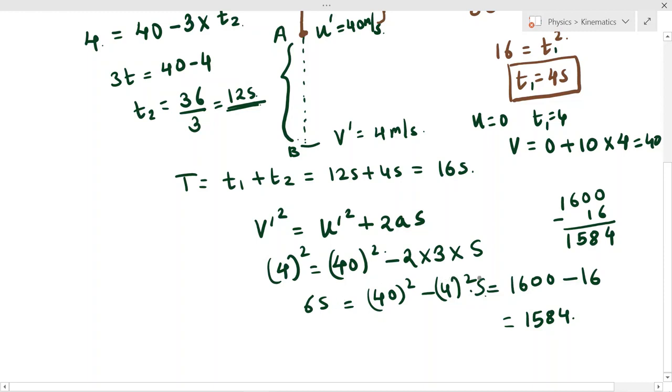This is not s, this is 6s. So 6s becomes 1584. So what is s? S is 1584 divided by 6.